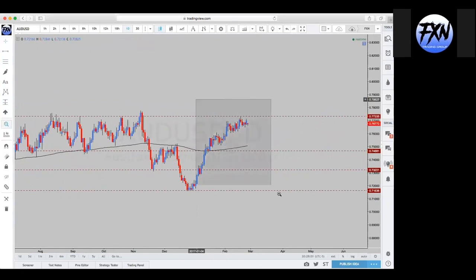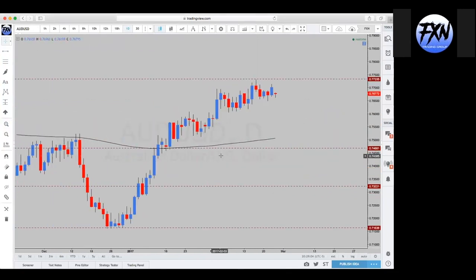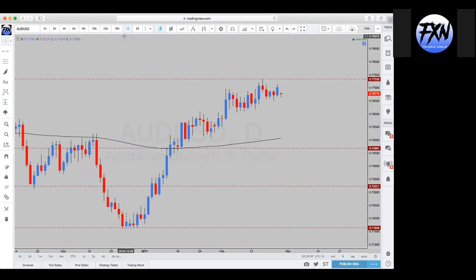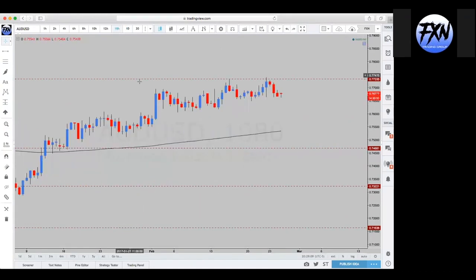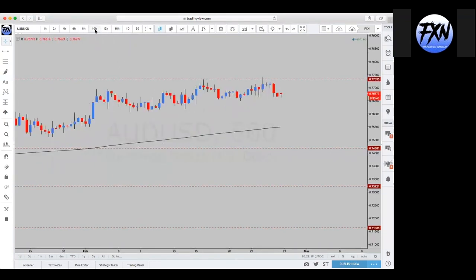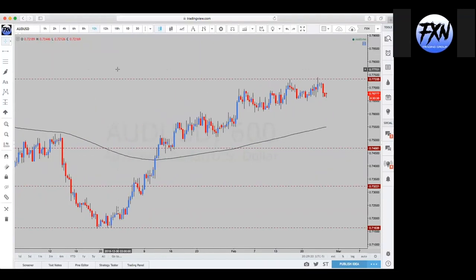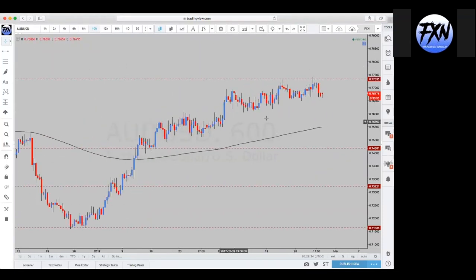So what I'd like to do then is zoom into the area that we're talking about, and then start going back in time. So we're going to start looking at the other charts here. We have the 18-hour chart, then the 12-hour chart, and then the 10-hour chart. And you can see that as we start going down in time frames, you'll start to see minor support and resistance areas, like this area here and this area here.